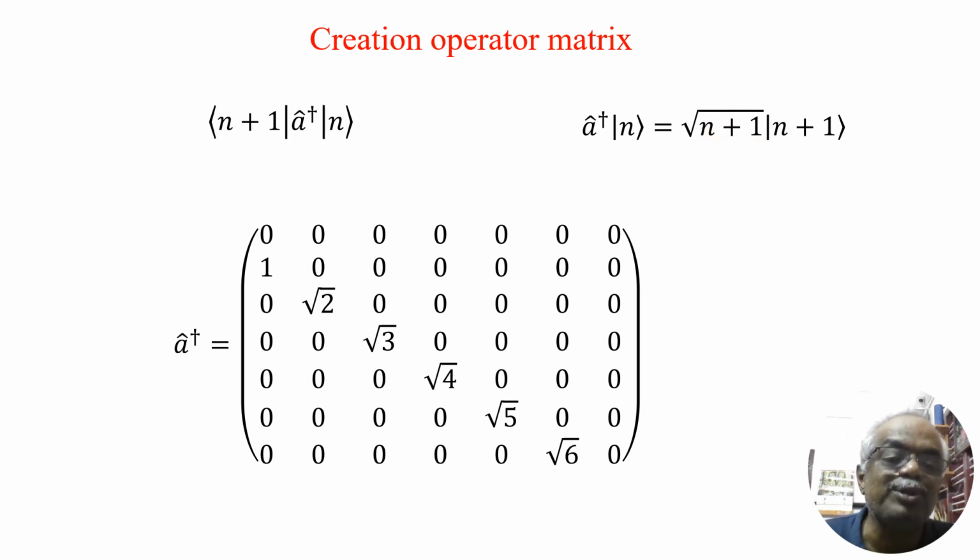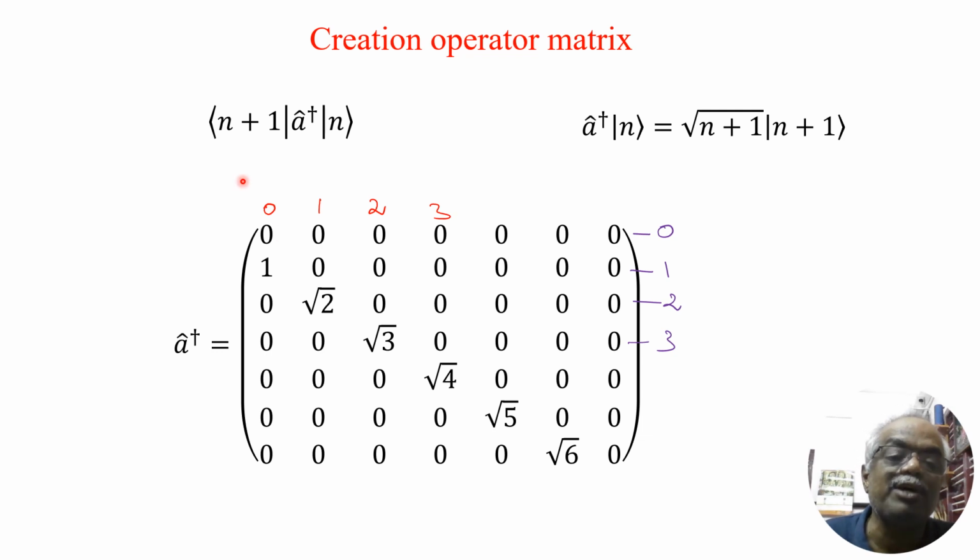Now I will come to the very important point. See, this bra vector is a column vector: zeroth column, first column, second column, third column. It will go like this. Similarly, the ket vector, by definition, is a row vector. So this is zeroth row, first row, second row, third row, and it will go like this.